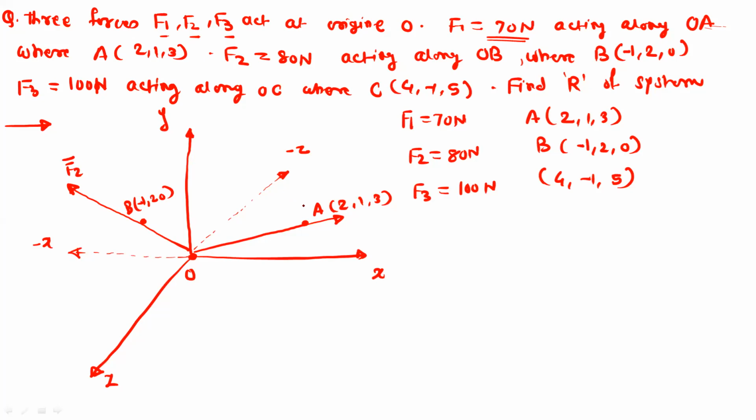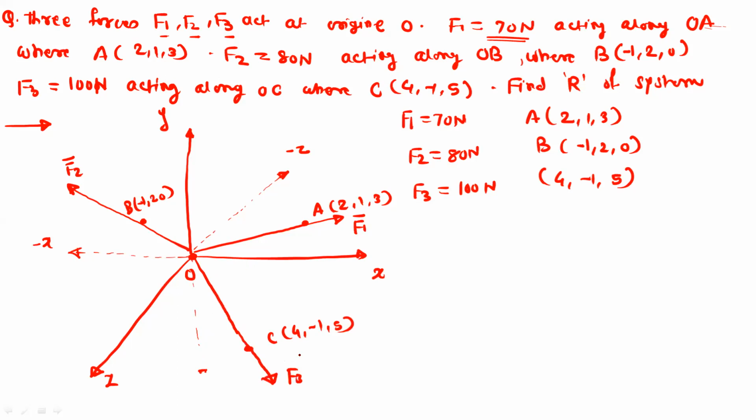So this is F2 bar, this is F1 bar, and the third is C (4, -1, 5).